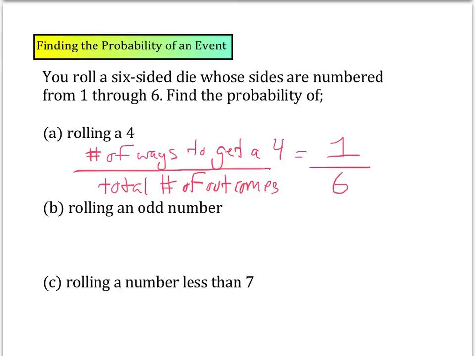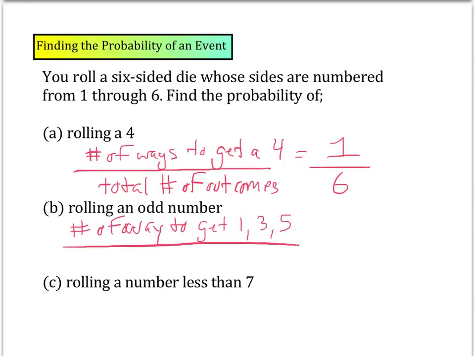Okay? Part B, we want to roll an odd number now. So same idea. We want to think about the number of ways to get an odd number. Now think about the odd numbers from 1 through 6. It's 1, 3, and 5.